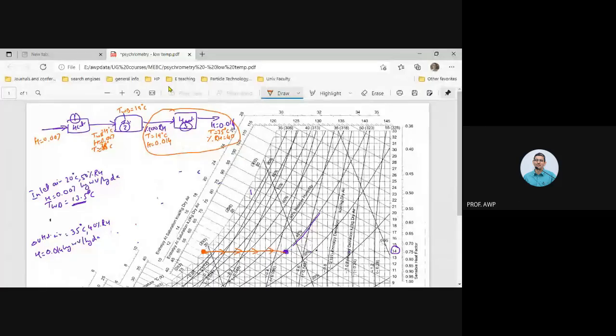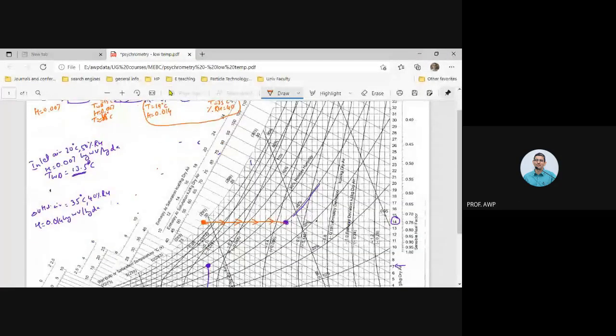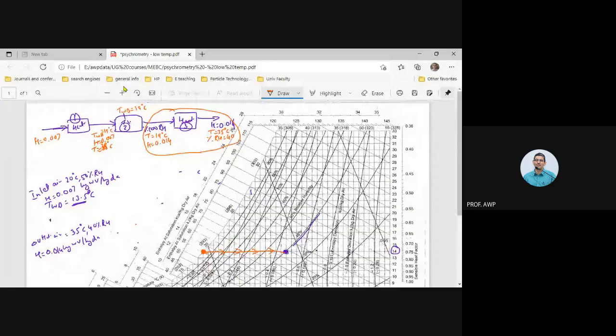Okay. Now go back to the second step of spraying water. What is the wet bulb temperature? 19 degrees centigrade, isn't it? So that means if I spray water at 19 degrees centigrade, we want the incoming air to be at the same wet bulb temperature. So this incoming air should also have a wet bulb temperature of 19 degrees centigrade.